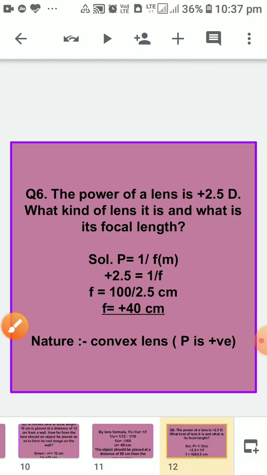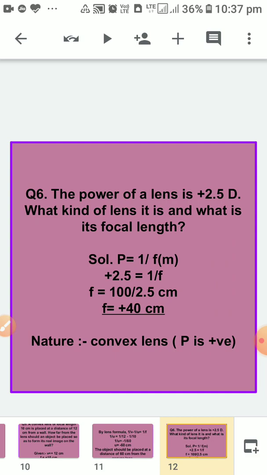Numerical number 6: the power of a lens is plus 2.5 D or diopter. What kind of lens is it and what is its focal length? Children, in this question power is given, and power has the formula P is equal to 1 by F, where focal length should be in meters.